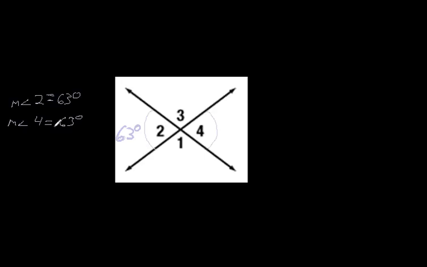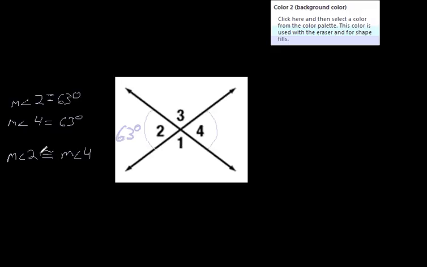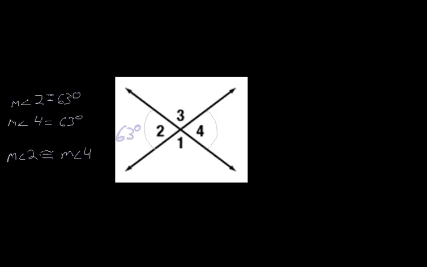There is a symbol that you can use to show that something is congruent. I could also say that the measure of angle 2 is congruent, and this is the congruent sign, to the measure of angle 4 here. Let me highlight that with another color.